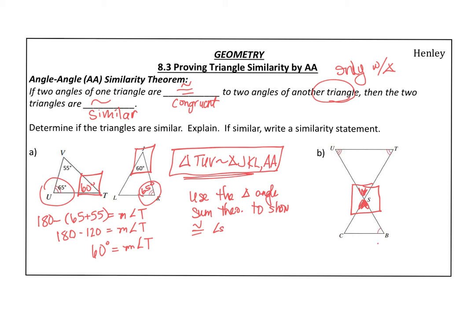However, we cannot prove that angle B is congruent to anything, angle T is congruent to anything, or angle U is congruent to anything. For this pair, we have to say no, they're not similar, and the reason is they only have one pair of congruent angles.